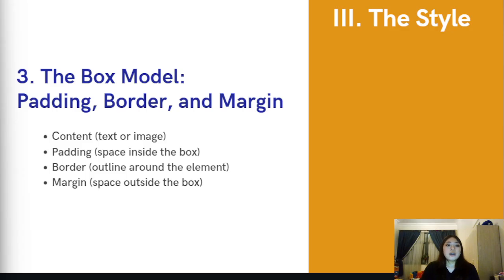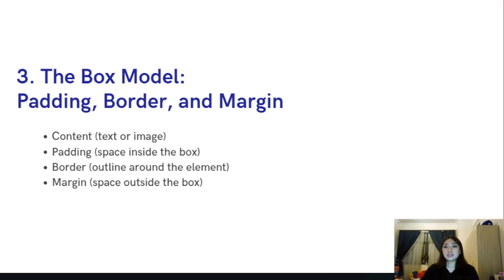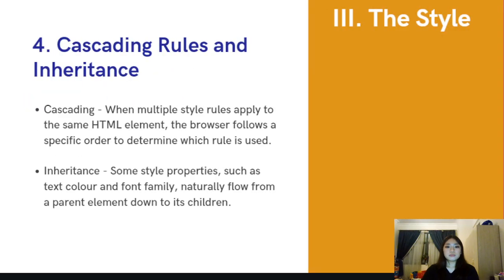After learning how elements are structured visually, we also need tools to check and improve our styling, which brings us to cascading rules and inheritance. CSS stands for Cascading Style Sheets, and the word cascading is important.